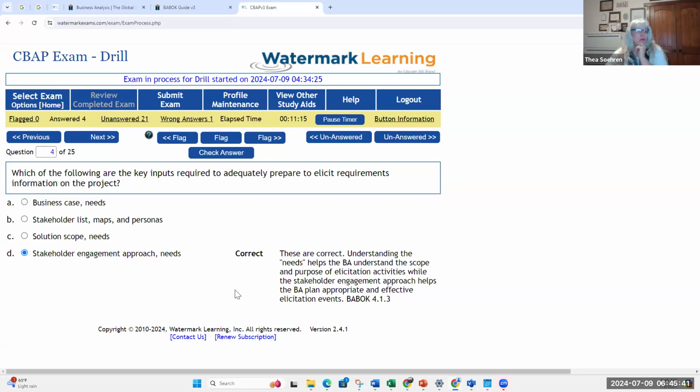I want to point out needs is only in like 3 or 4 of the tasks throughout the BABOK, and this is the one in this knowledge area that needs is an input. Very good. Understanding the needs helps the BA understand the scope and purpose of elicitation activities, while the stakeholder engagement approach helps the BA plan appropriate and effective elicitation events.